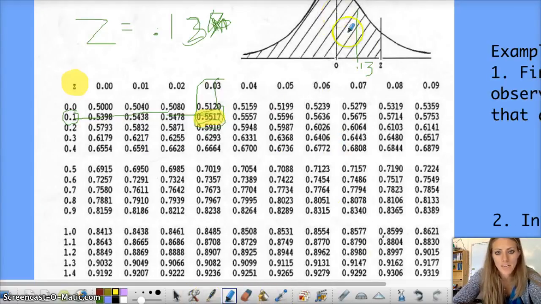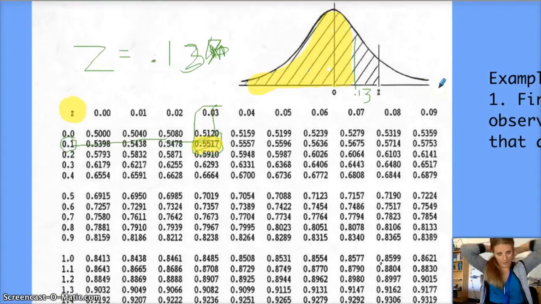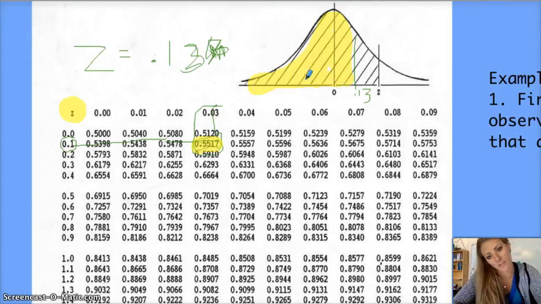So that basically has found all of this area. What's nice about that is, if I need the area above, the area under any density curve is 1. So to find the area above 0.13, I just do 1 minus 0.5517.